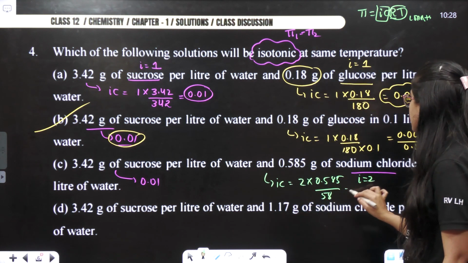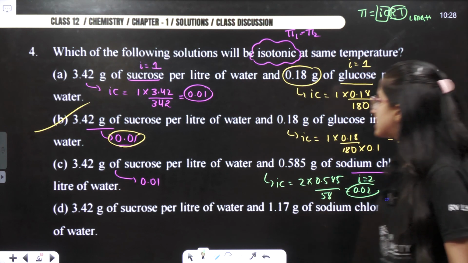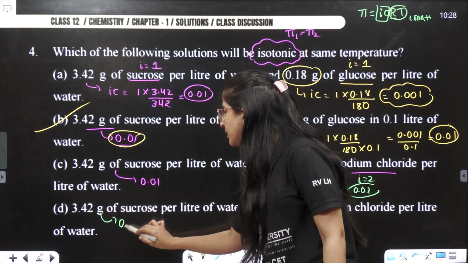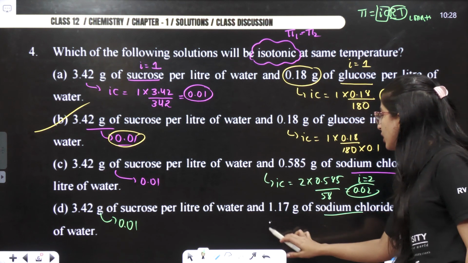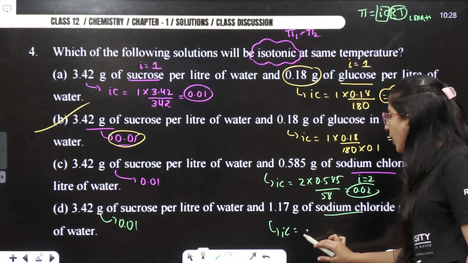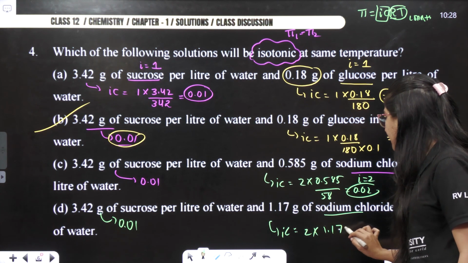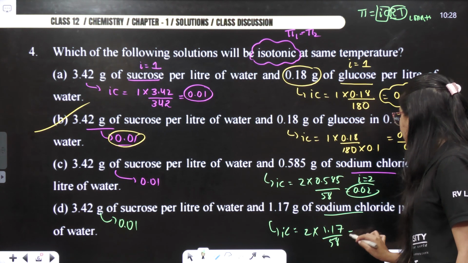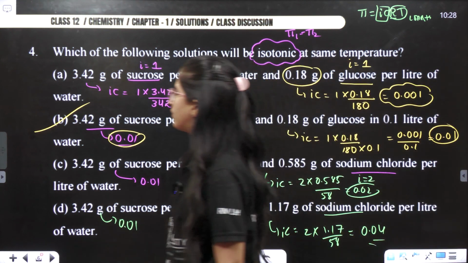So it will be what? 0.02, which is not equal. In the next case, again 0.01 here, and here 1.17 gram of sodium chloride. So here iC will be equal to 2 into 1.17 divided by 58.5. So it will give you 0.04 value, which is also not equal.